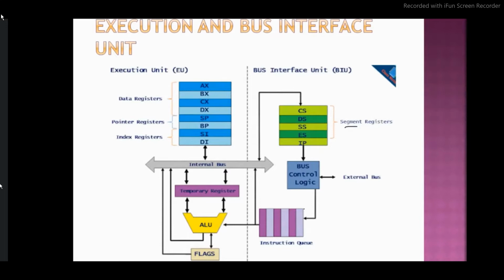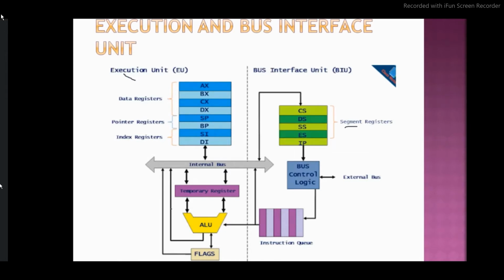From this, the transition goes to the next part, the execution unit. From the instruction queue, the instructions are also fetched to the internal bus, and also to the ALU. Remember that instructions are received from the segment registers through the bus control logic to the instruction queue, and finally handed over to the execution unit.